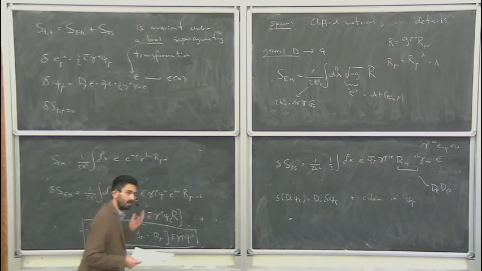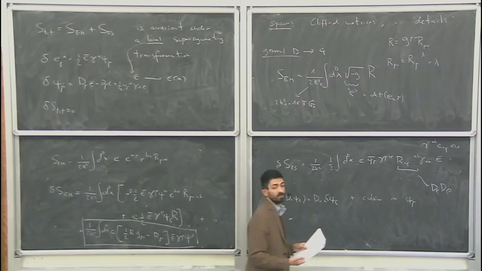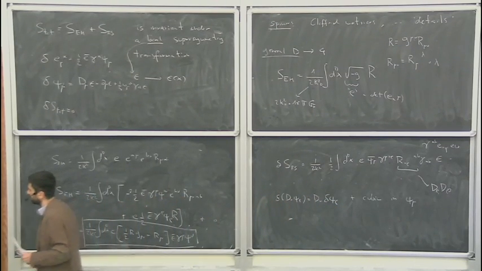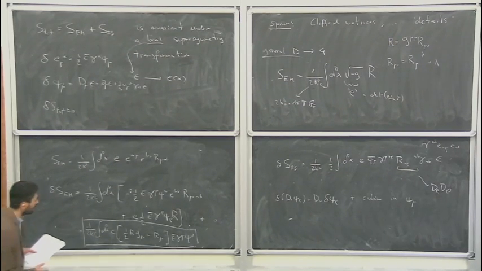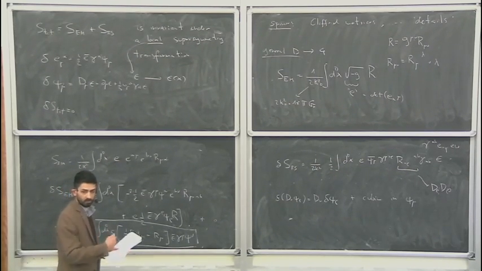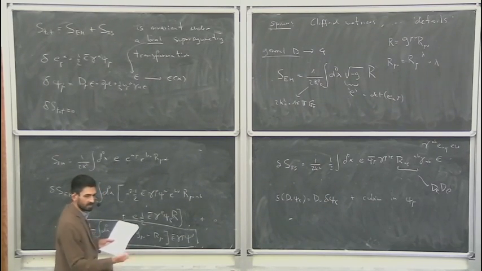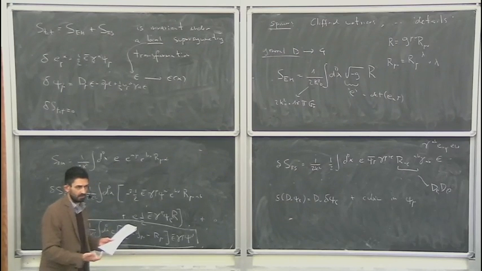So this is one way in which you will see the necessity of introducing more fields. You can't have supergravity and live happily ever after with the metric and the gravitino. But in some cases, if you want a gravitational theory which is also supersymmetric locally, then you are forced to introduce more fields. And the fields are typically both, in principle, bosonic fields and fermionic fields.